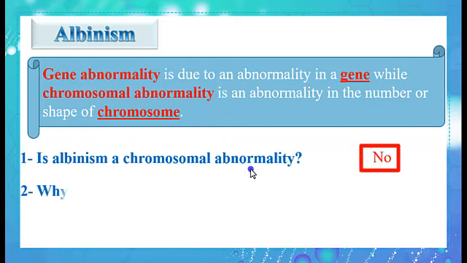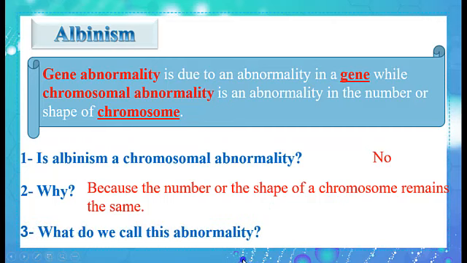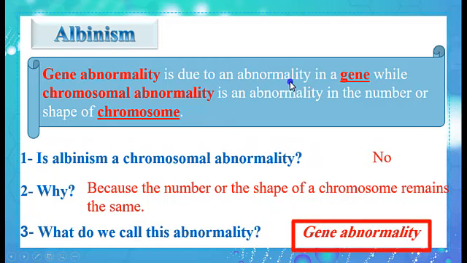Of course, no. Why? Because the number or the shape of the chromosomes remains the same. What do we call this abnormality? Excellent. It is called gene abnormality because we have an abnormality in a gene.